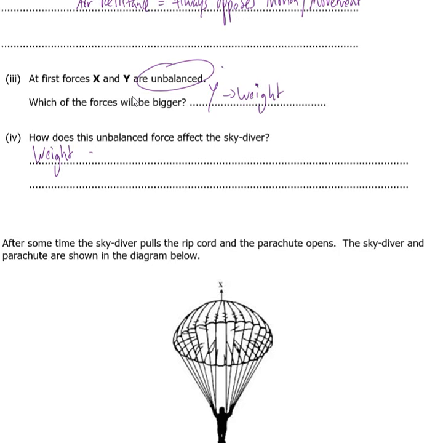Let's have a look. If it's unbalanced, it means that the air resistance is less than the weight. So therefore the weight is bigger.